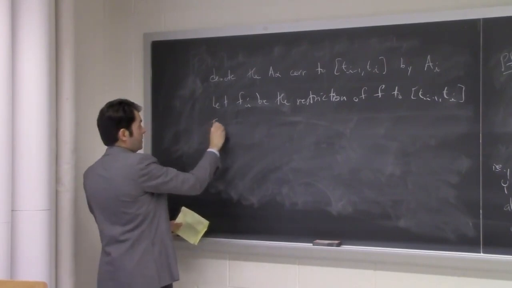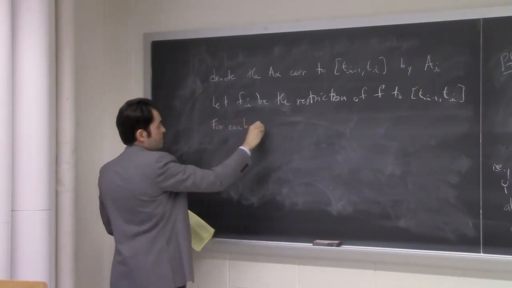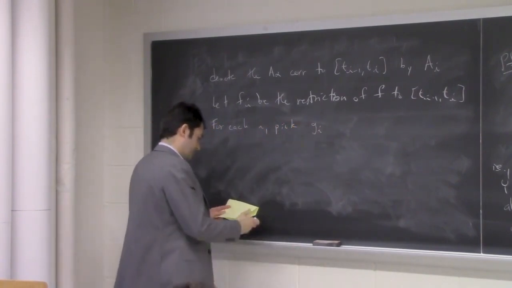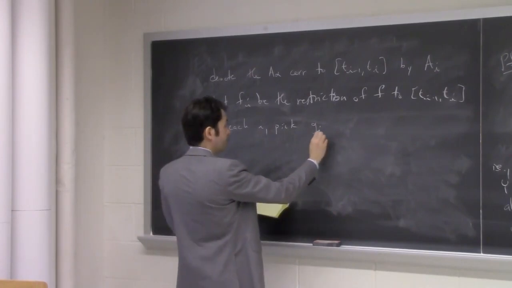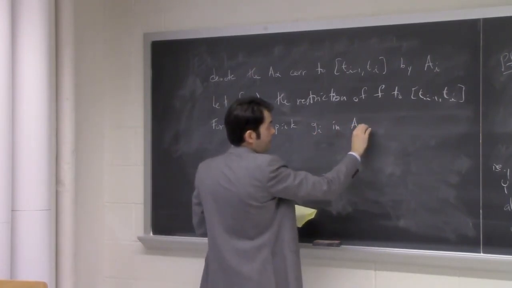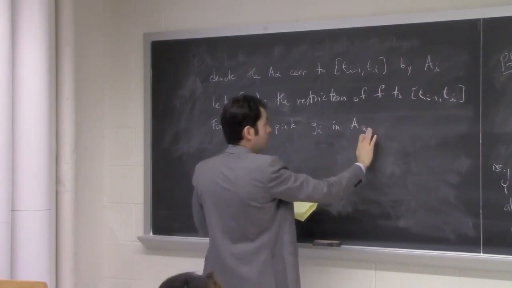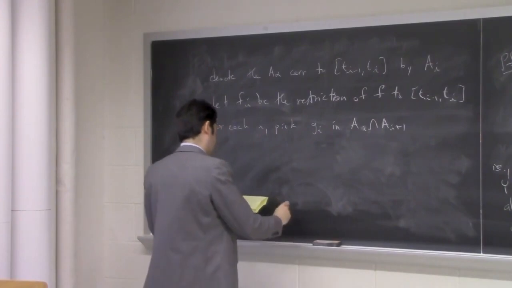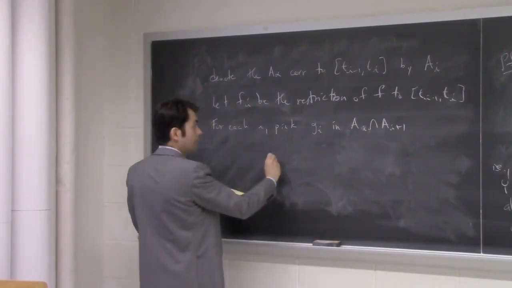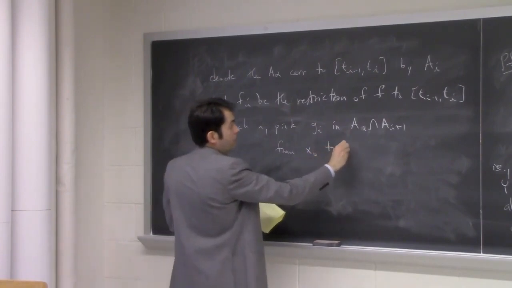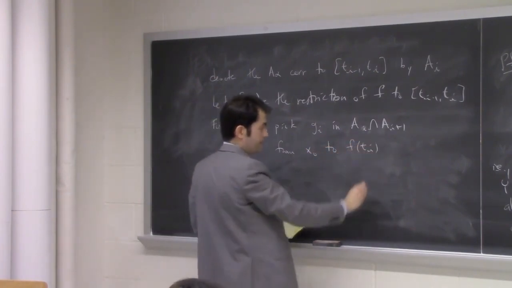Now, for each i, pick a path g_i in A_i intersect A_{i+1} from x naught to F of T_i.